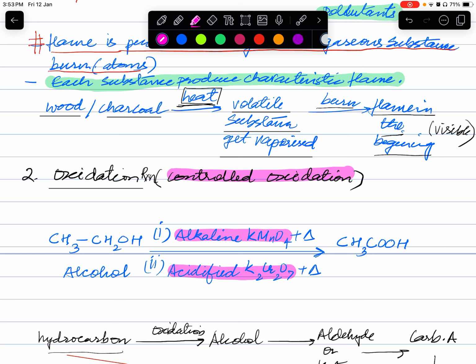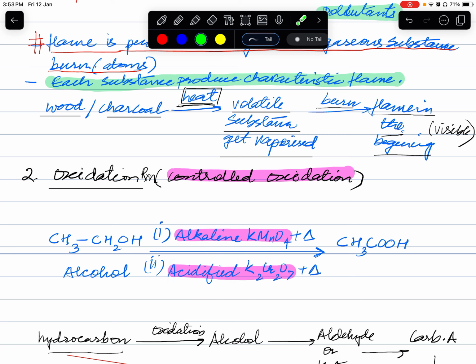What is the meaning of alkaline KMnO4? Alkaline means we make a solution of KMnO4 in a basic medium, in the presence of base in water. What is acidified K2Cr2O7 or potassium dichromate? This is that we make an aqueous solution in the presence of an acid.